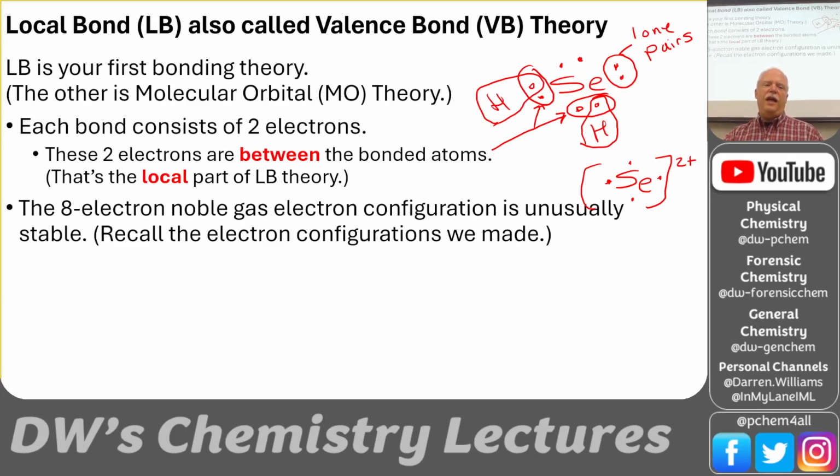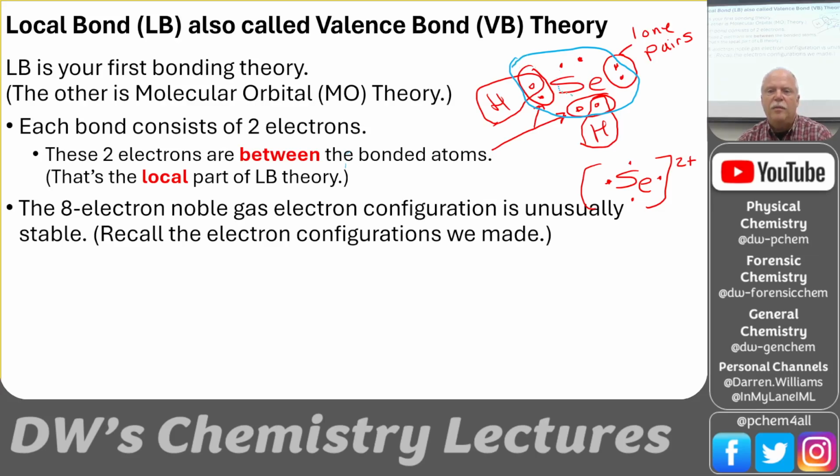And then we had this 8-electron noble gas configuration. We know that's unusually stable. And so then we have this, let me see if I can get the different color here. Okay, so these are covalent bonds, and so they get to share these electrons.